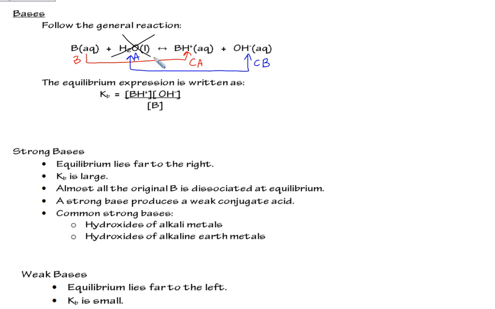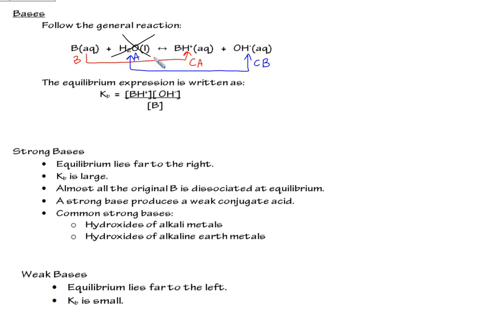Strong bases really favor the forward. They dissociate nearly 100%. Almost all of the original bases dissociated. Well, if you have primarily ions, products, and you go products over reactants, you should get a really large K value. It says a strong base produces a weak conjugate acid.